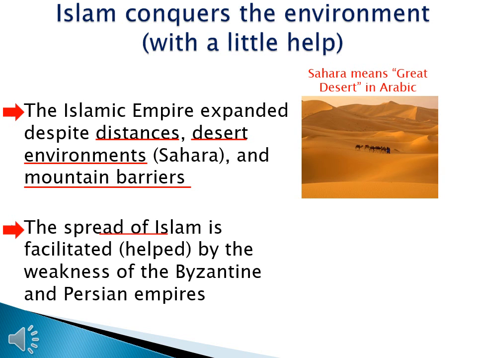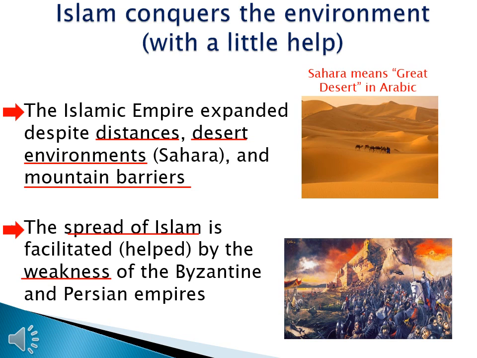The spread of Islam is facilitated or helped by the weakness of the Byzantine and Persian empires. These empires are becoming weak, and Islam is spreading into them because of it. So eventually, bye-bye, Constantinople. Go to the next slide.